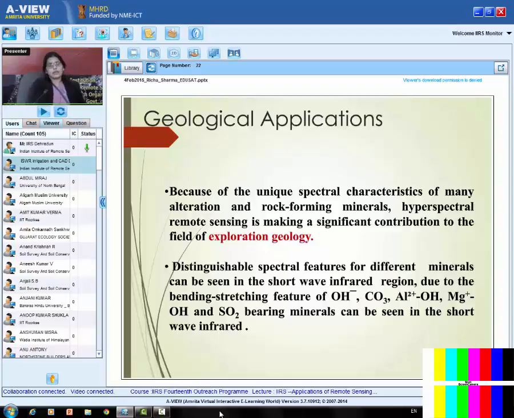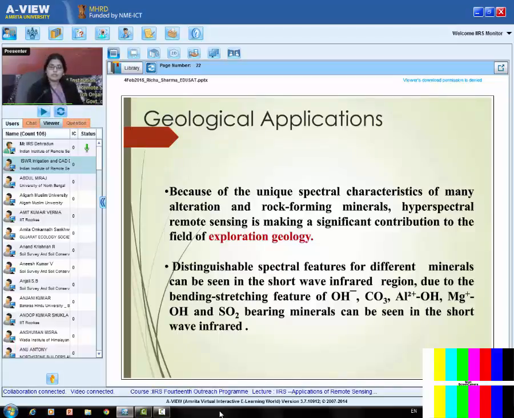Now, for geological applications, because of the unique spectral characteristics of the many alteration and rock forming minerals, hyperspectral remote sensing is making a significant contribution to the field of exploration geology.